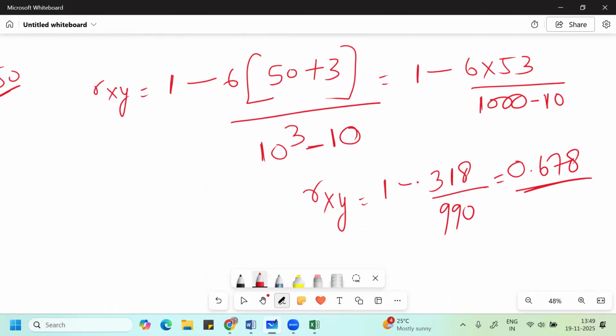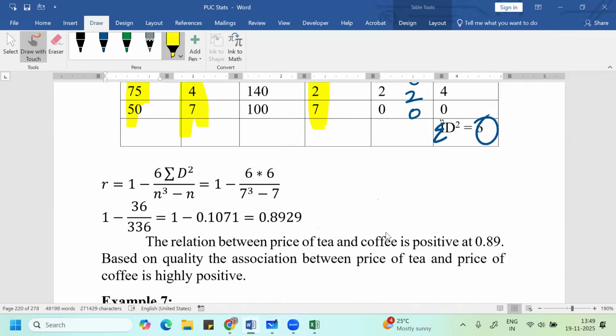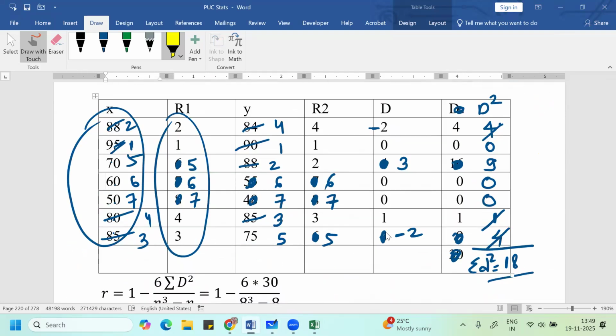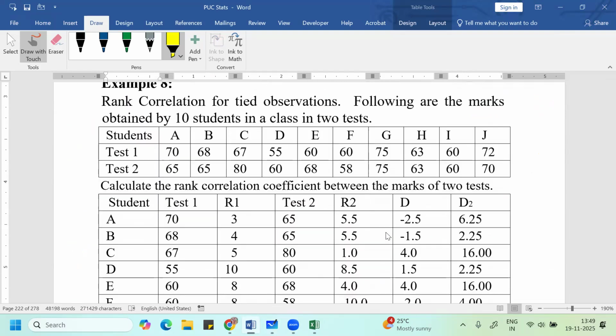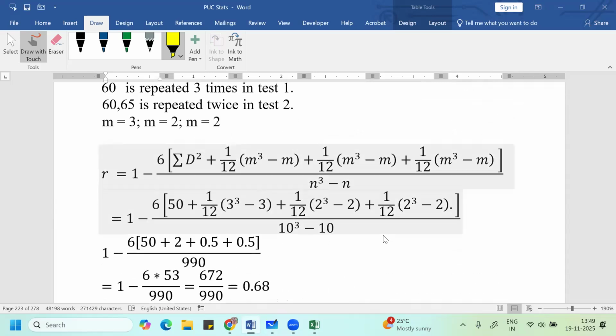Okay, everyone. So this mechanism we use whenever there's a repetition of rank. When you're calculating and there's a repetition of rank, you'll do the calculation this way.